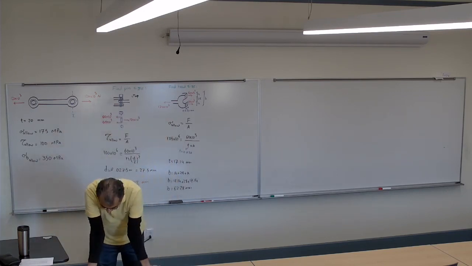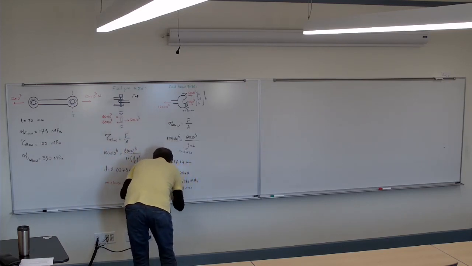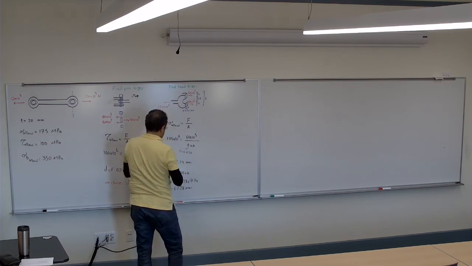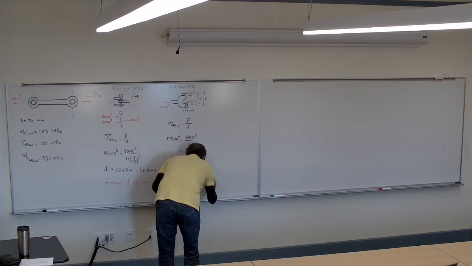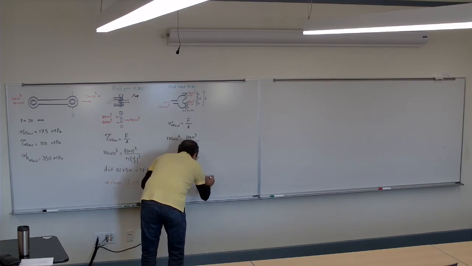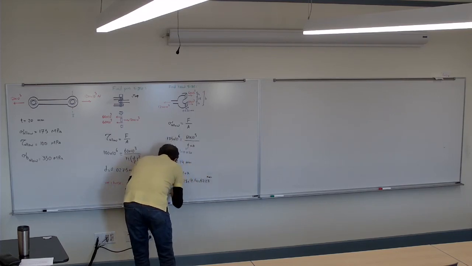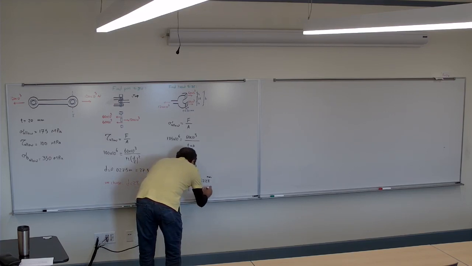And the book says 62.28 as well. So we choose B as 62.3 millimeter.